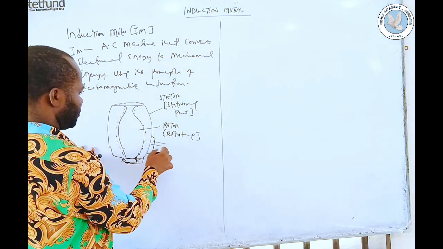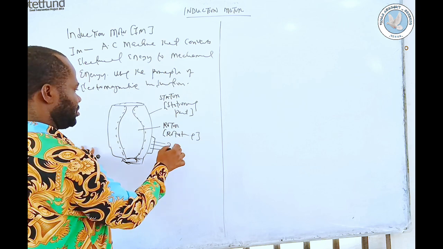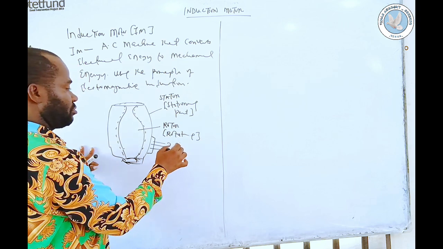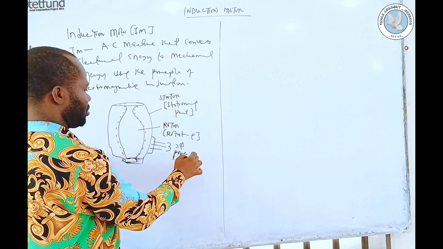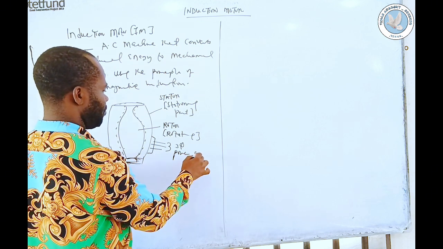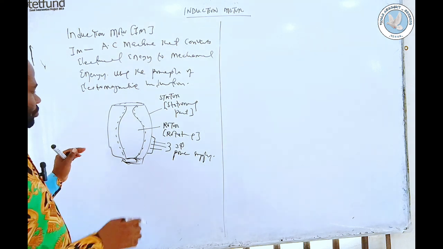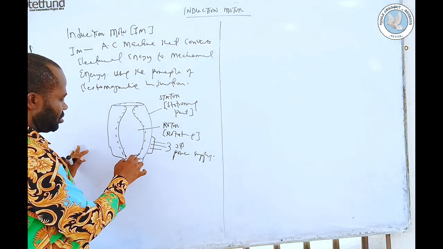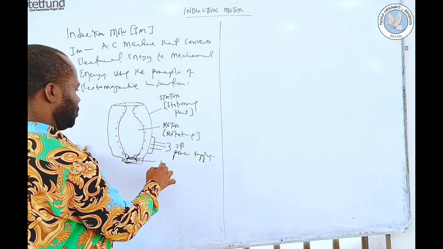We also have the power supply, and looking at a three-phase squirrel cage induction motor, the three-phase power supply can come here, supply, and also the rotor sits on what we call bearings.